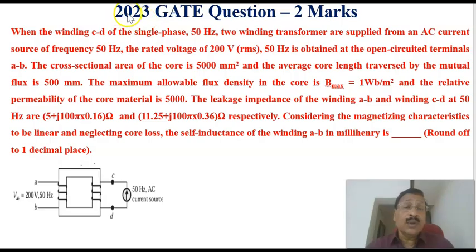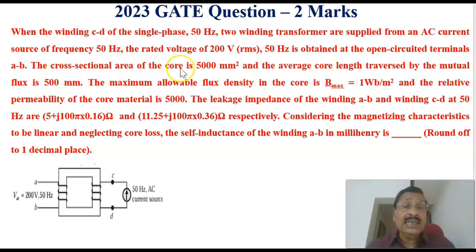Now, let us see another problem of the 2023 GATE question, which carries 2 marks. When the winding CD of a single phase, 50 Hertz, 2-winding transformer is supplied from an AC current source of frequency 50 Hertz and the rated voltage of 200 volt RMS, 50 Hertz is obtained at the open circuit terminals of the AB.